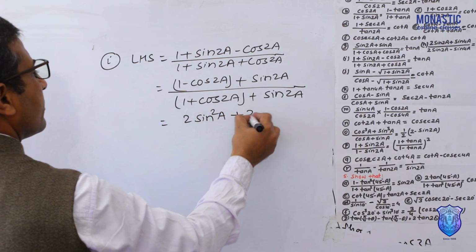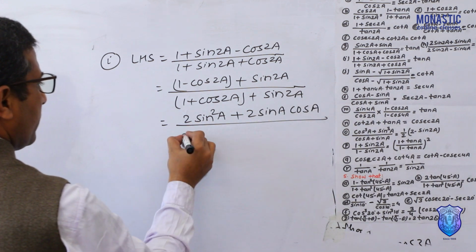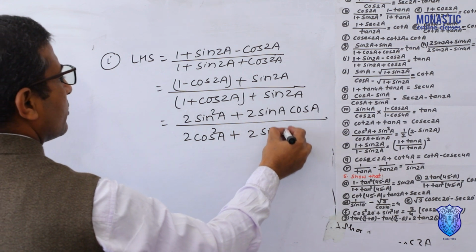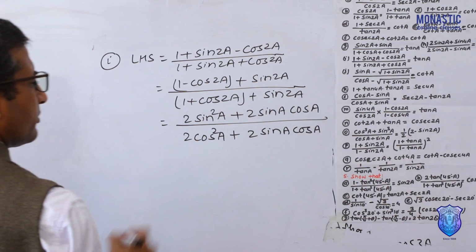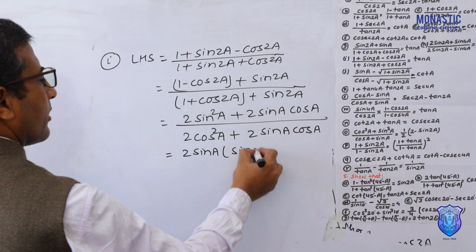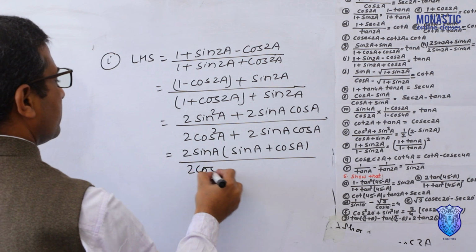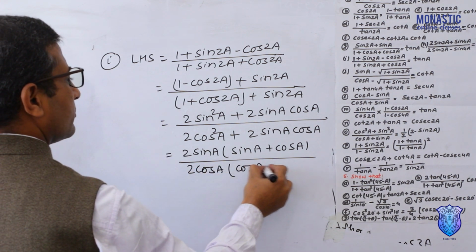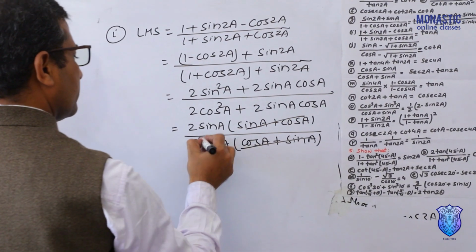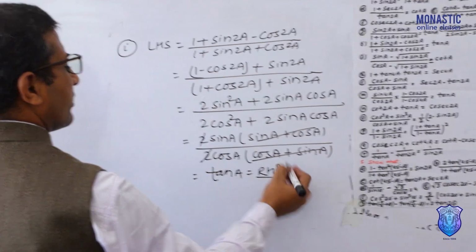It is 2 sin square A. Sin 2A formula is 2 sin A cos A. 1 plus cos 2A formula is 2 cos square A. Sin 2A formula is 2 sin A cos A. Now take the LCM. Again in the denominator take the LCM. Sin A plus cos A plus sin A, both are the same. 2 cancelled. Sin by cos is tan A. That's our result.